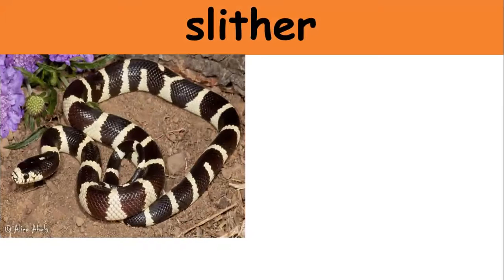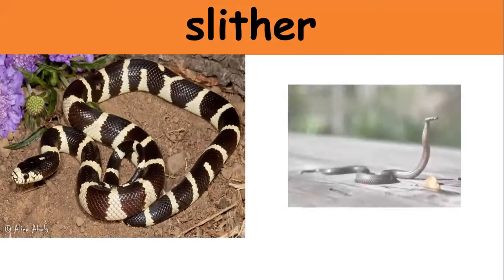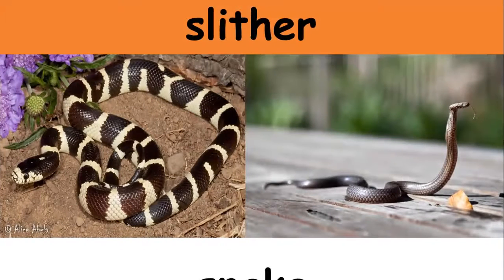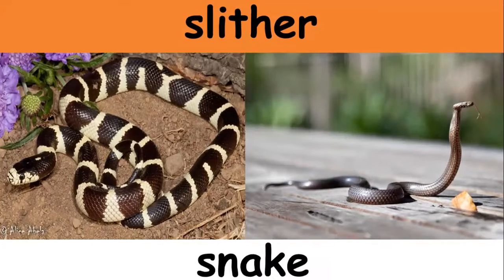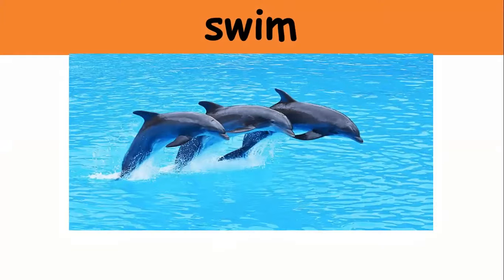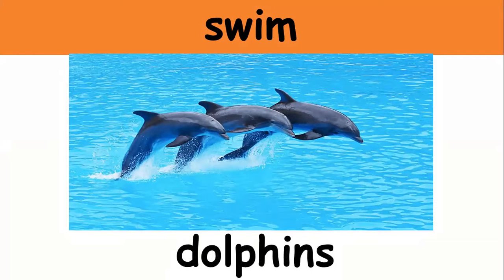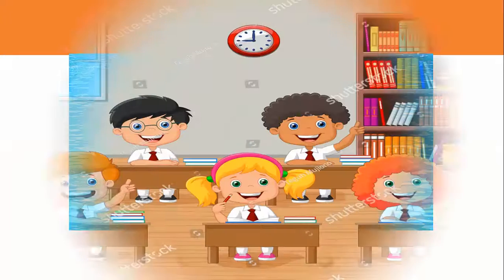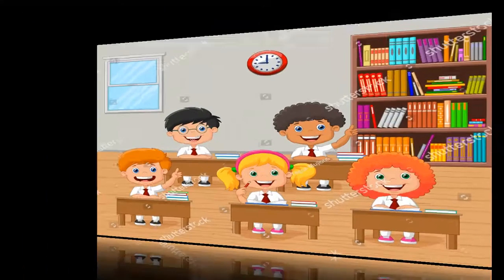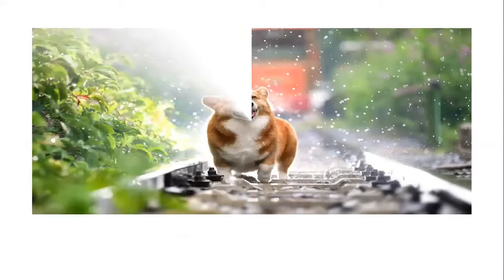Animals who can slither, and that is the snake. Animals who can swim, and that is the dolphins or the fish. They're able to swim because of their fins and their tails. All right, so those are the movements of animals.